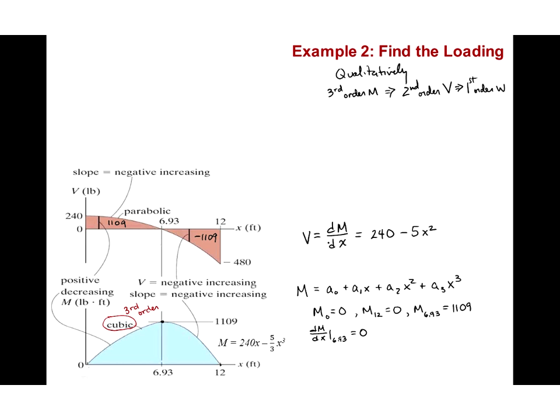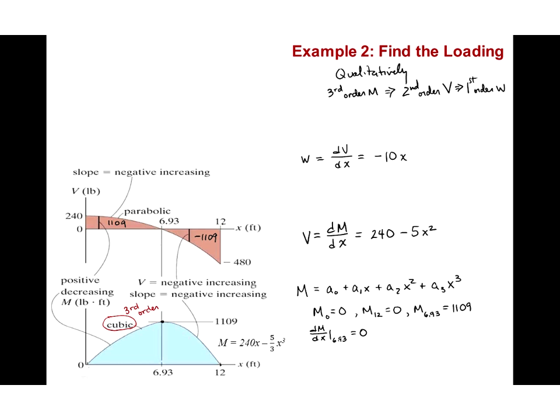And in fact, if we wanted to, we know that W is equal to dV/dx, the derivative of the shear equation. And so if we just took the derivative equation below, we can see that W must be equal to minus 10x.